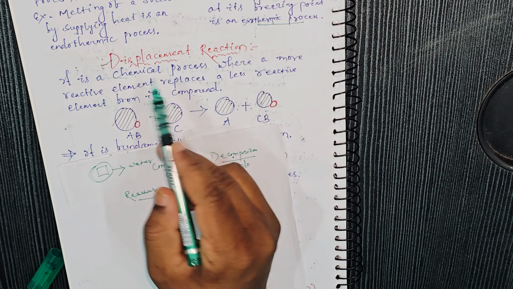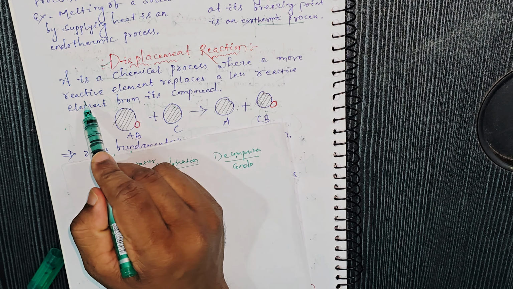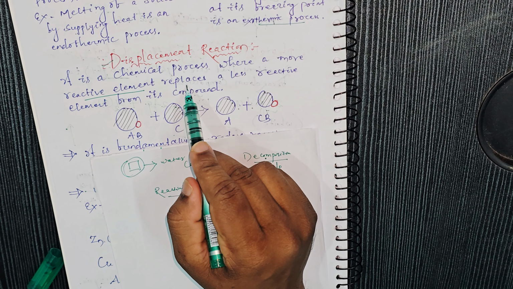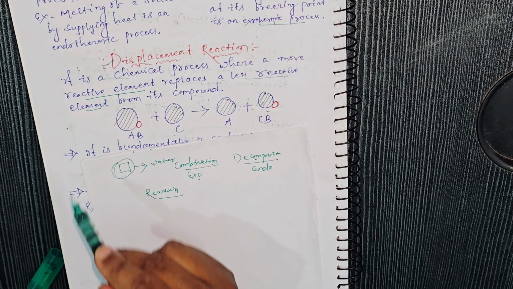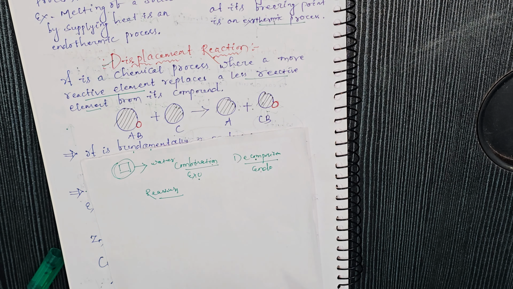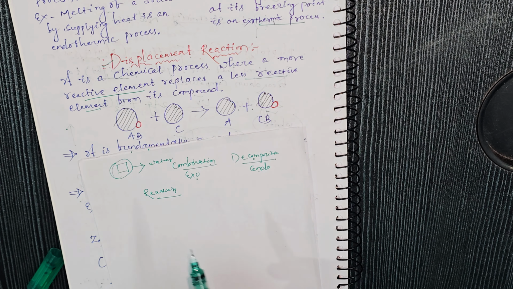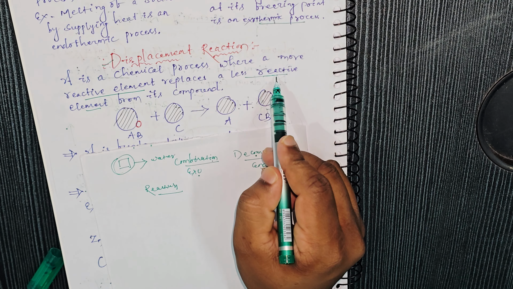It is a chemical process where a more reactive element replaces a less reactive element. I repeat, it is a reaction where a more reactive element replaces a less reactive element.